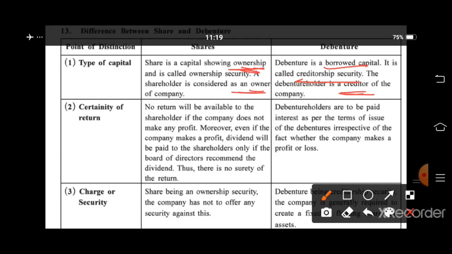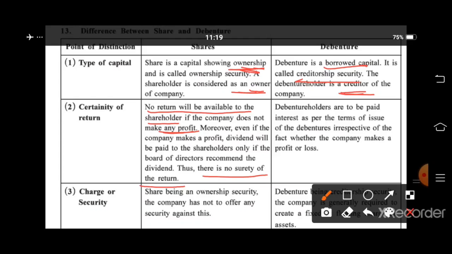Now, certainty of return. No return will be available to the shareholders if the company does not make any profit. Moreover, even if the company makes a profit, dividend will be paid to the shareholder only if the board of directors recommend the dividend. So there is no surety of the return.